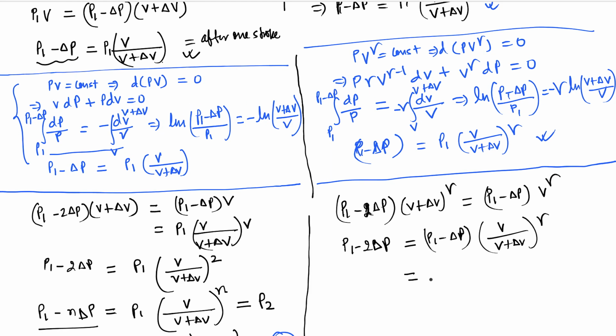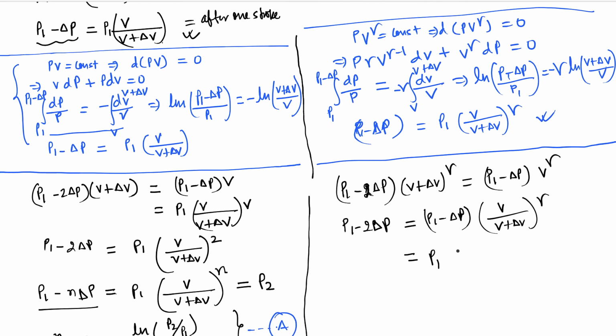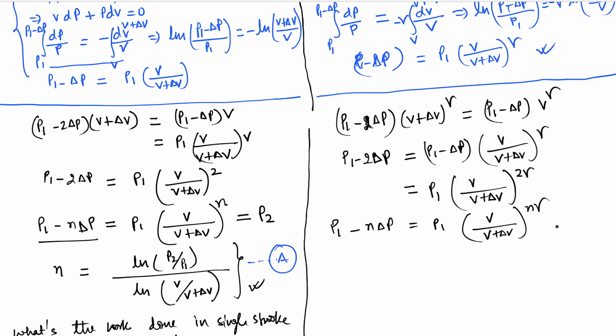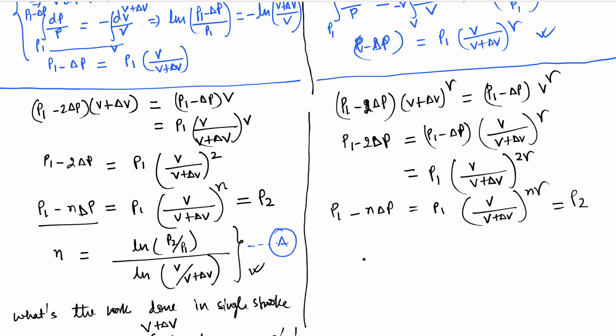And we already know that P1 - delta P is P1 (V / (V + delta V))^gamma, and hence (V / (V + delta V))^(2 gamma), right? So eventually what we'll get is P1 - N delta P equal to P1 (V / (V + delta V))^(N gamma), which is equal to P2. And hence in this case we'll get N equal to (1 / gamma) ln(P2 / P1) divided by ln(V / (V + delta V)).